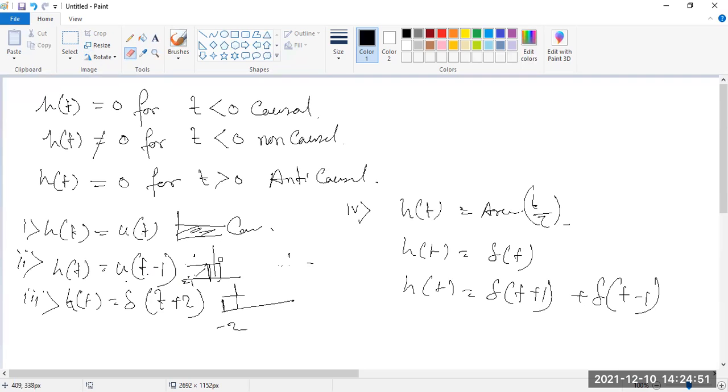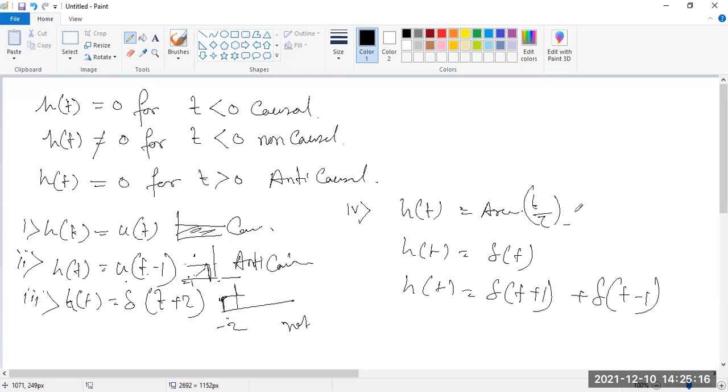This is an anti-causal signal. This is an anti-causal system, yes, this is not causal. Only the minus 2 portion is there.